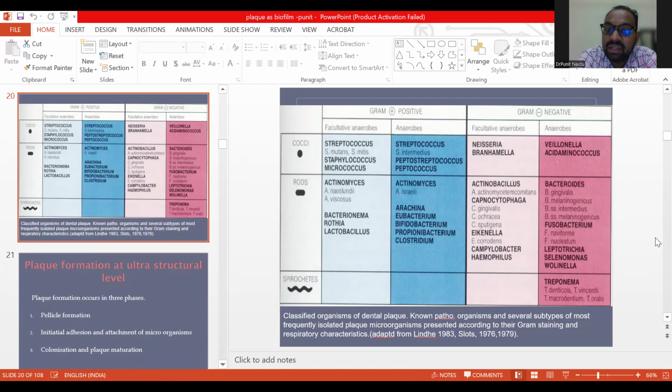Gram-negative facultative anaerobe cocci are Neisseria, and gram-negative anaerobe rods are Actinobacillus actinomycetemcomitans, Capnocytophaga species, and Eikenella species. And gram-negative anaerobe cocci are Veillonella species, and rods are Bacteroides species.